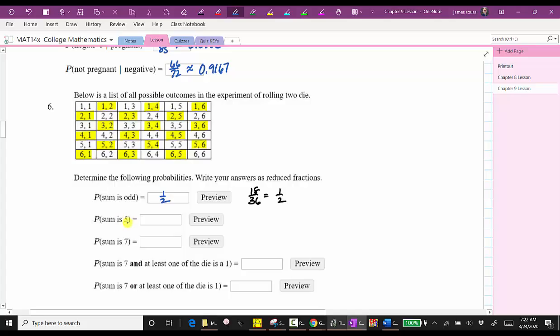Next, we want the probability the sum is 5. Let's go ahead and highlight the sums of 5. And again, we will notice a pattern in the table. So we have 4 plus 1 is 5, 3 plus 2, 2 plus 3, 1 plus 4. There are no other sums of 5. There are 4 favorable outcomes out of a total of 36 outcomes, giving us a probability of 1/9.